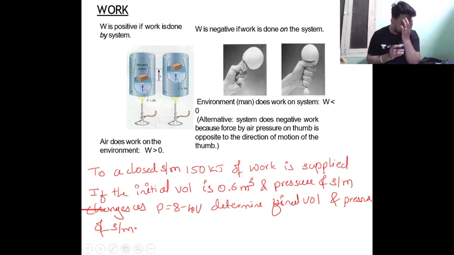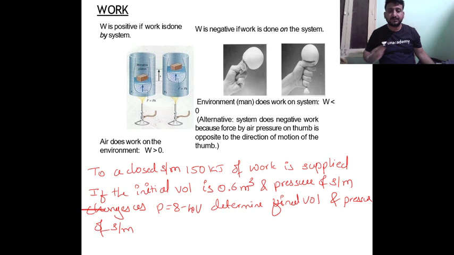Determine to a closed system, 150 kilojoules of work is supplied, if the initial volume... final volume and pressure of the system.